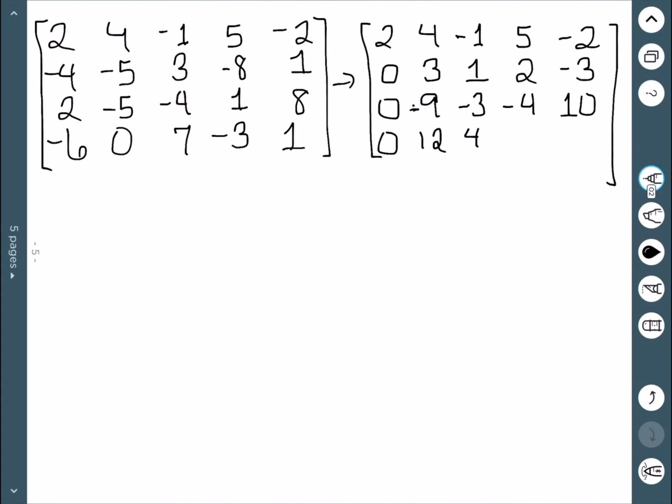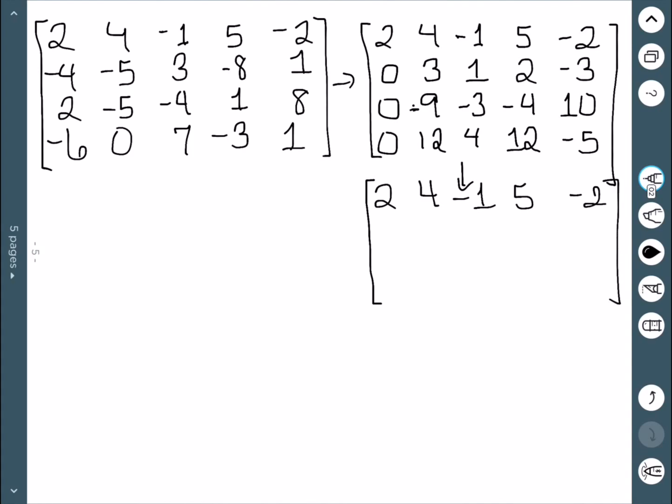Positive 15 minus 3 is 12. And then negative 6 plus 1 is negative 5. Now that we've done that, not only is our first row not going to change, but we now have our second row set as well.